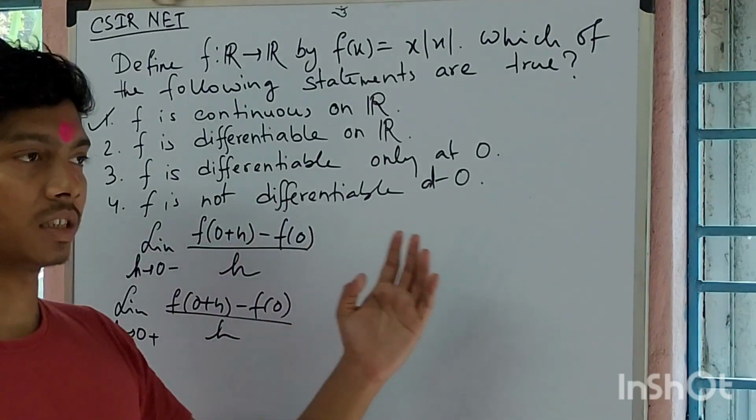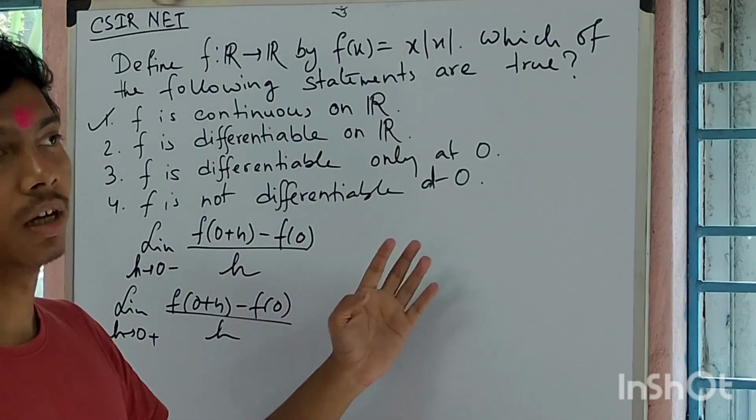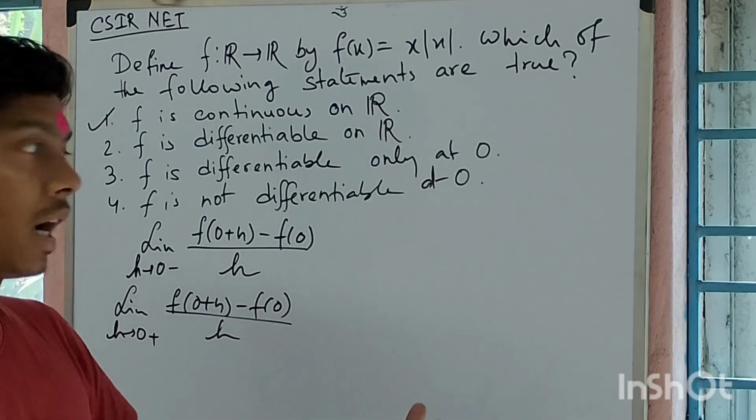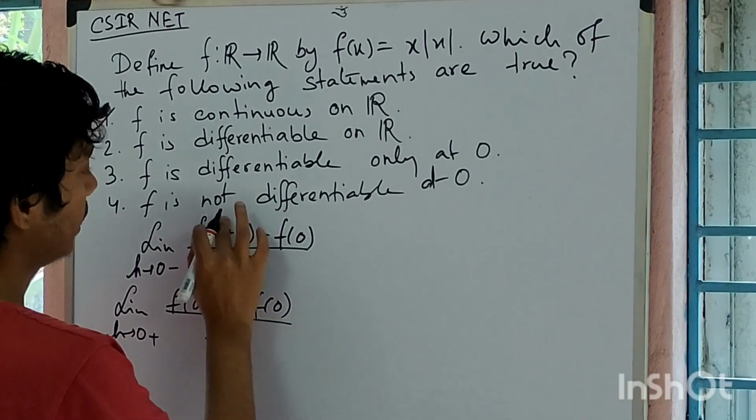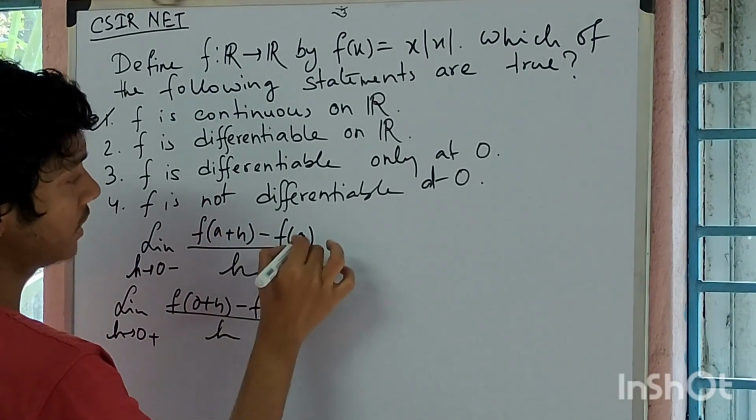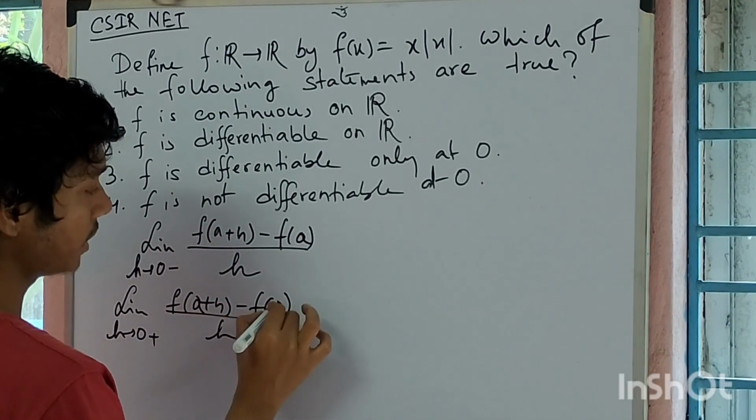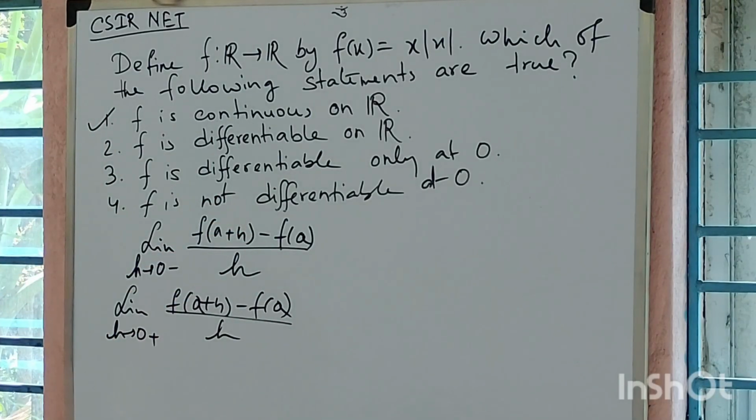To check whether any function is differentiable at some point x = a, I have to check just these two things: (f(a+h) - f(a))/h from both sides.